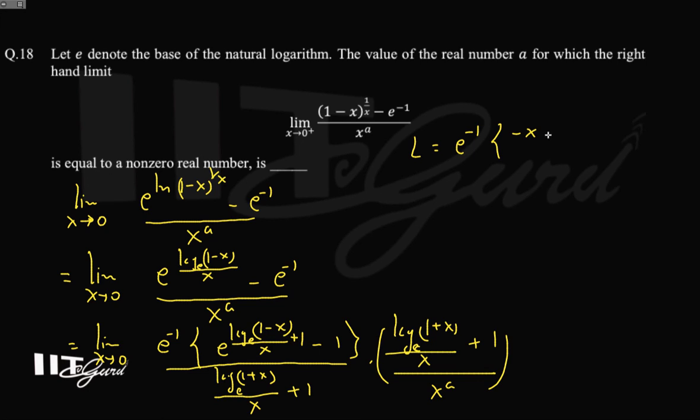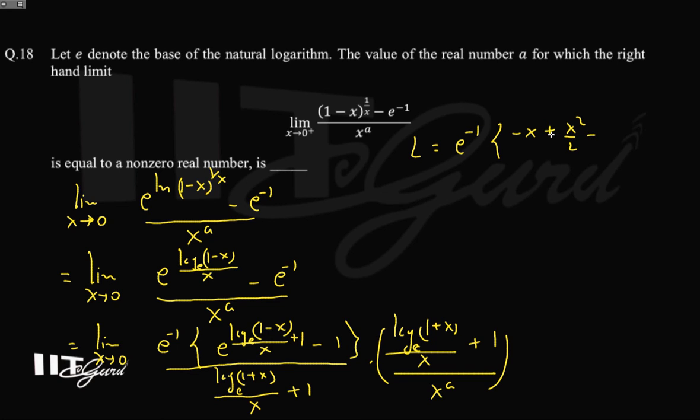So you consider this x as x over here, so minus x plus x square by 2, and all of them will be minus here.